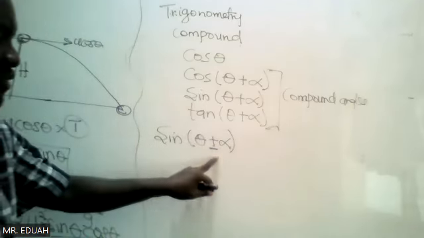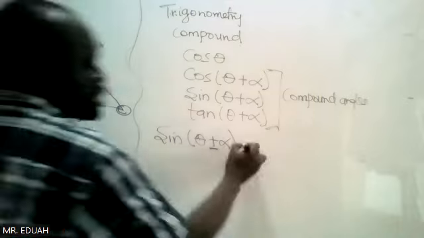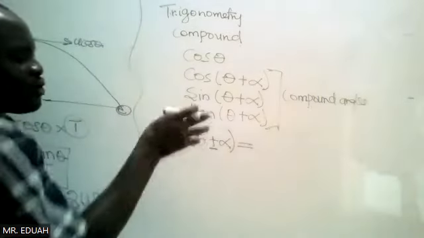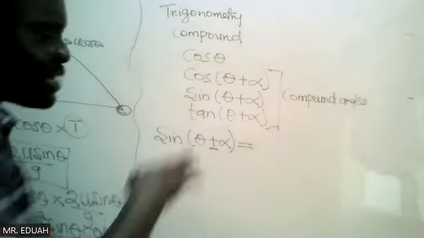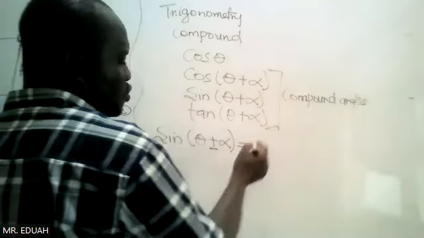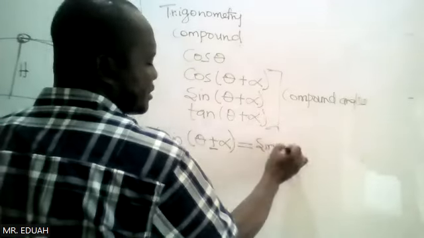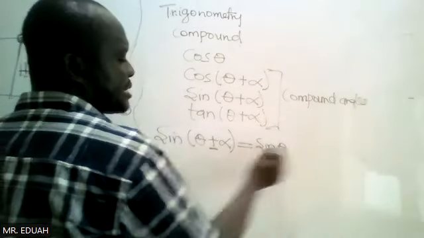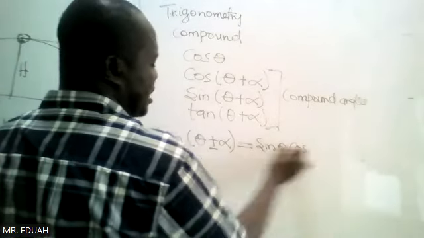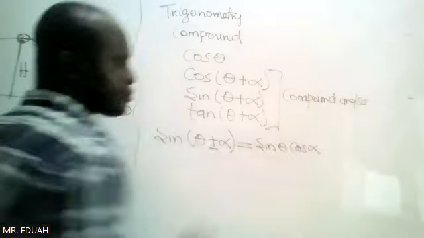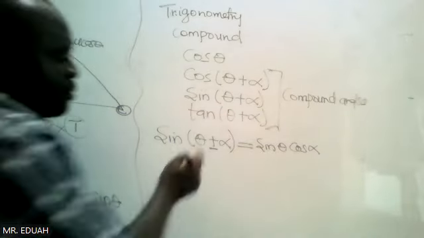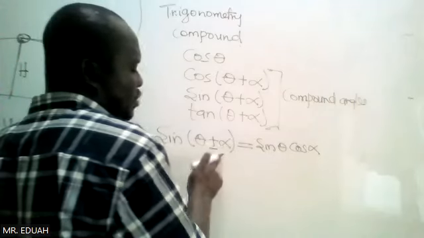That's why I have here plus or minus. The expansion of this is equal to sine of the first angle, theta, times the cosine of the second angle, alpha, plus or minus, depending on what you have here.